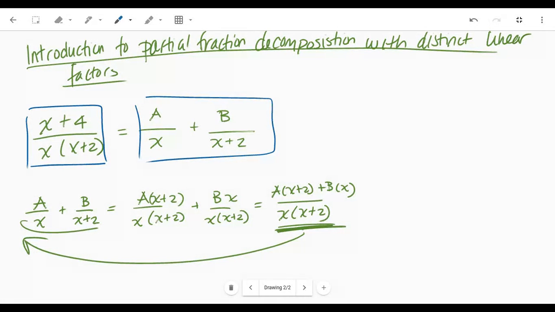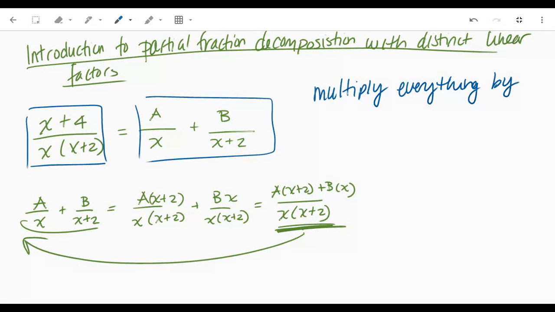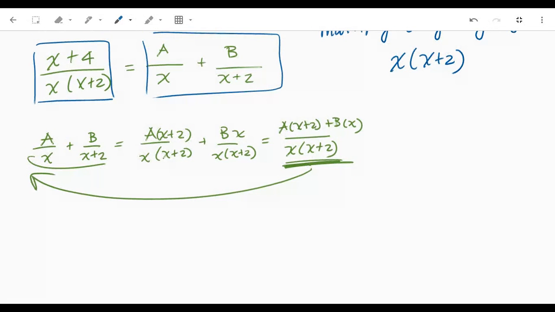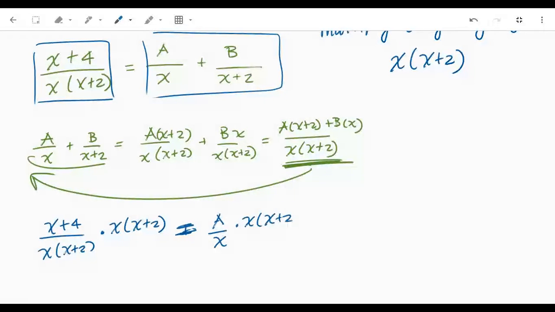Now the next thing we do is multiply everything by that first denominator, x times (x + 2). So we have (x + 4) over x(x + 2) times x(x + 2) equals A over x times x(x + 2) plus B over (x + 2) times x(x + 2).